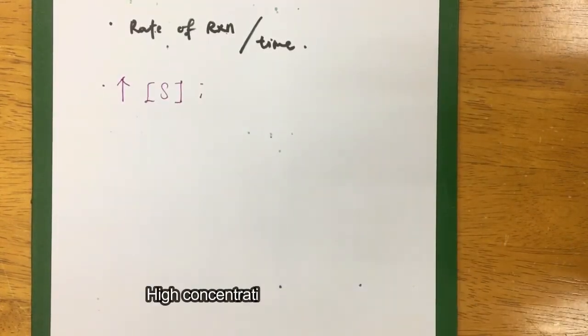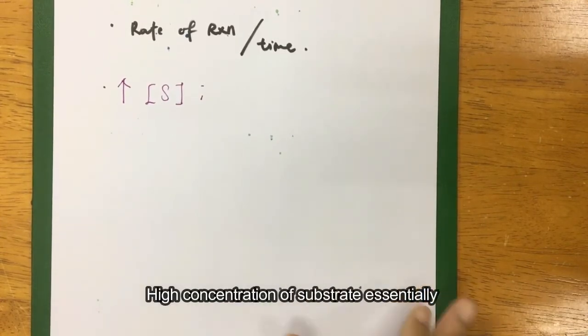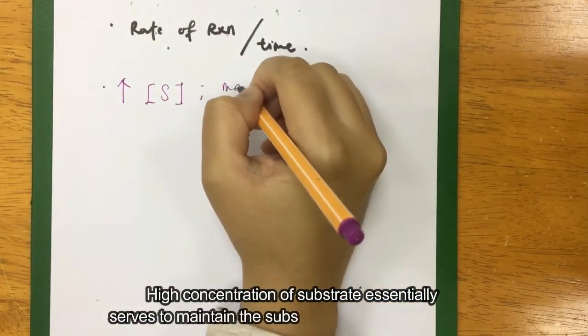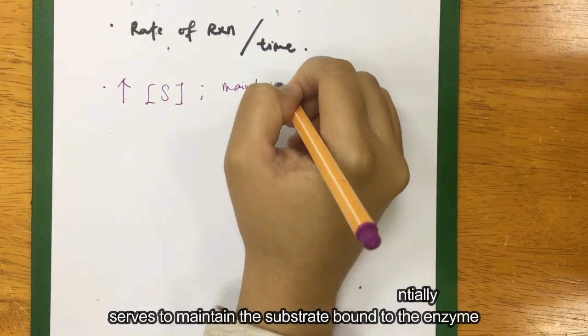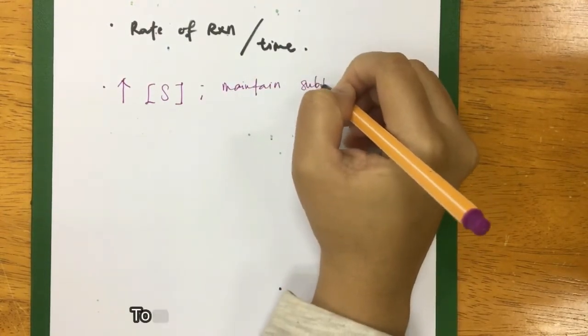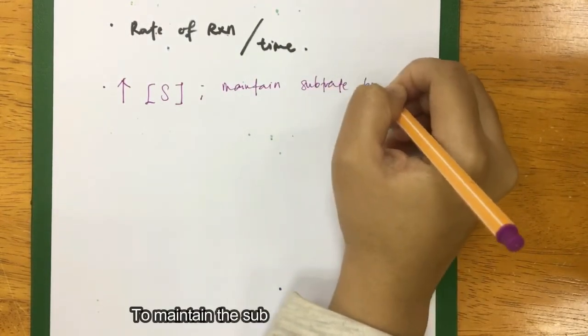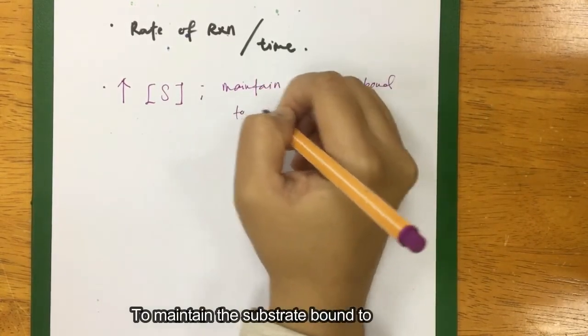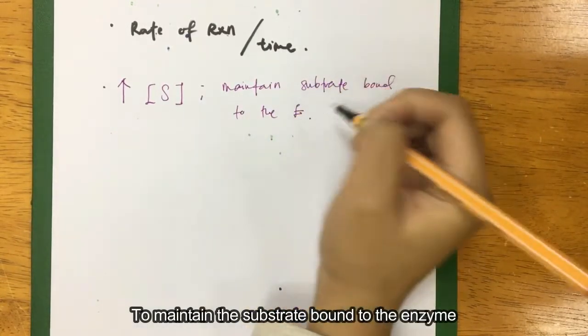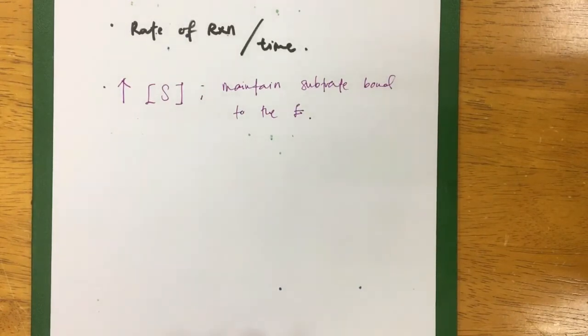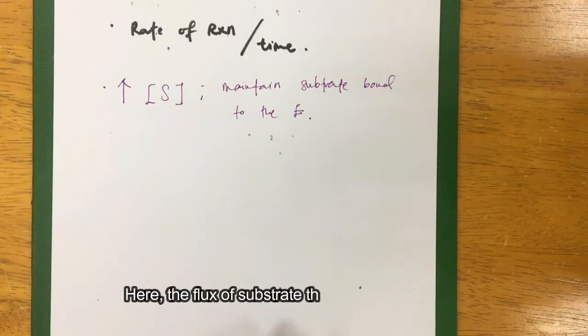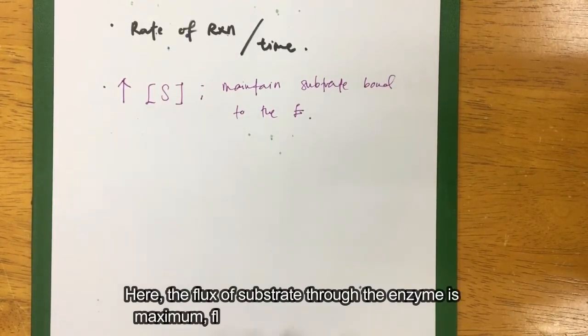High concentration of substrate essentially serves to maintain the substrate bound to the enzyme. Here, the flux of substrate through the enzyme is maximal.